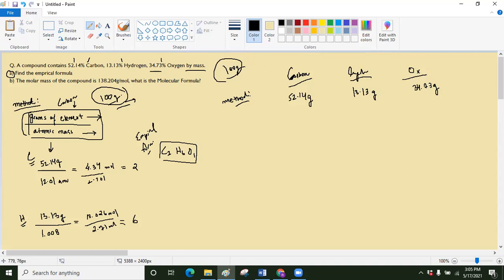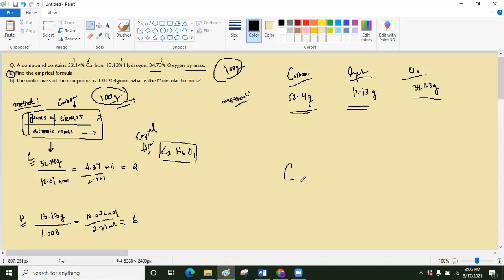The idea here is to be able to find out how many atoms are in 52.14 grams of carbon, how many atoms are in 13.13 grams of hydrogen, and how many atoms are in 34.73 grams of oxygen. Once we have the amount of atoms, we can write the empirical formula.